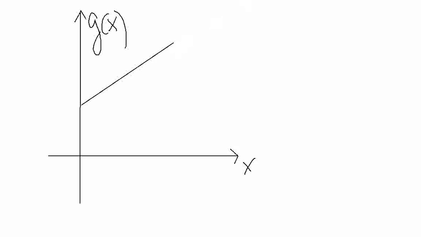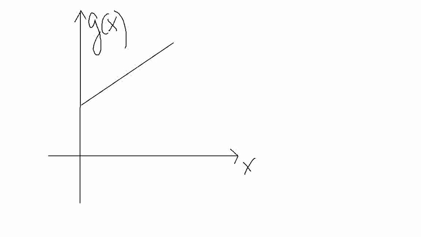All right, so suppose that I had the graph of a function, and let's call the function g of x to make it different from the last function name. And let's suppose that g of x was linear. So let's suppose that g of x, let's say, looks like this.